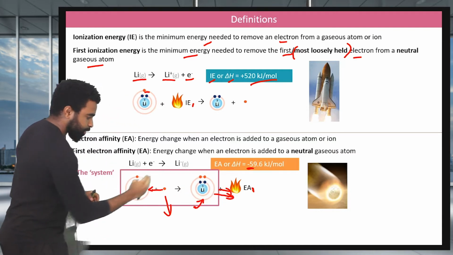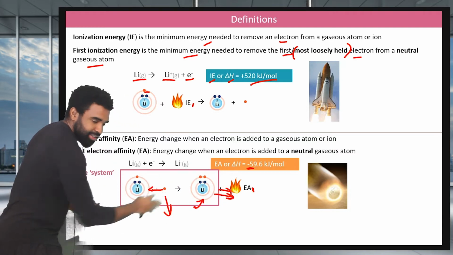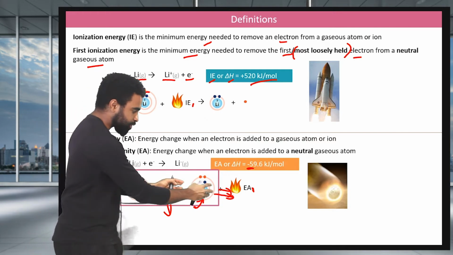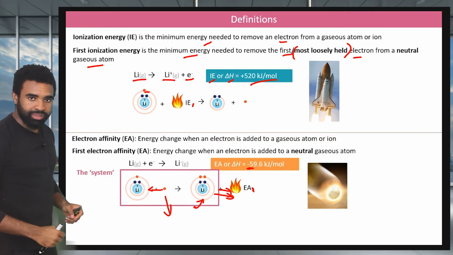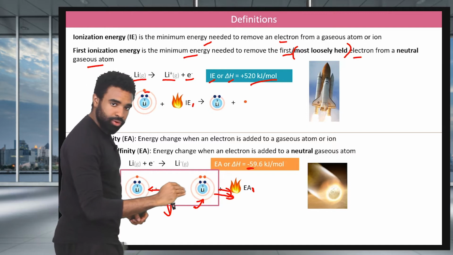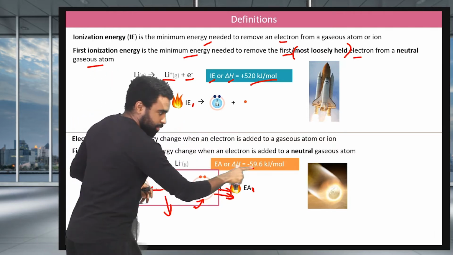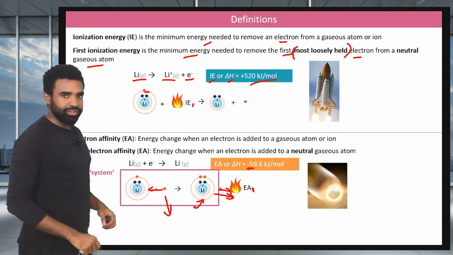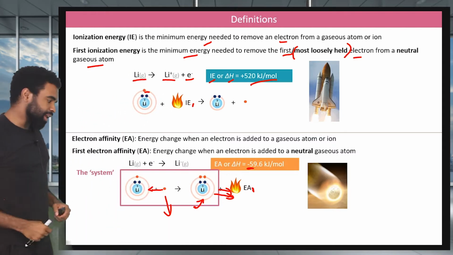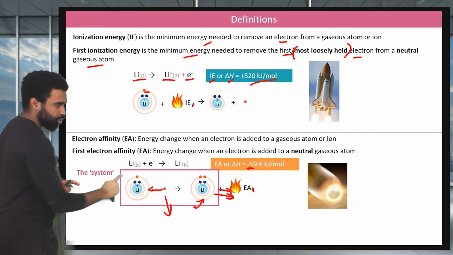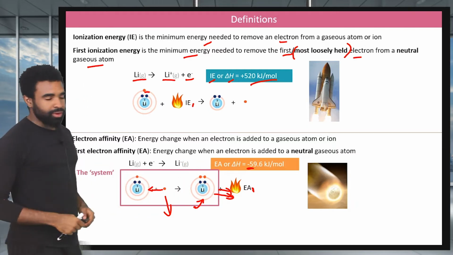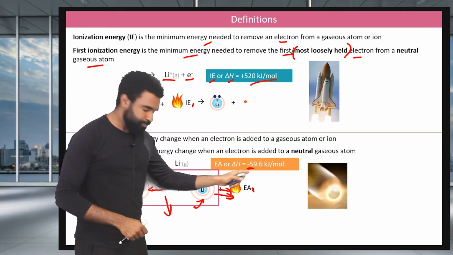So by the time it has fallen into the shell, this system has less energy in the after state than it had in the before state. And because we have an energy drop, or an energy release out into the surroundings, we say we have lost energy, and therefore the sign there should be negative. We have a negative energy change. Okay, so we lose energy from the system, and therefore the change is negative.